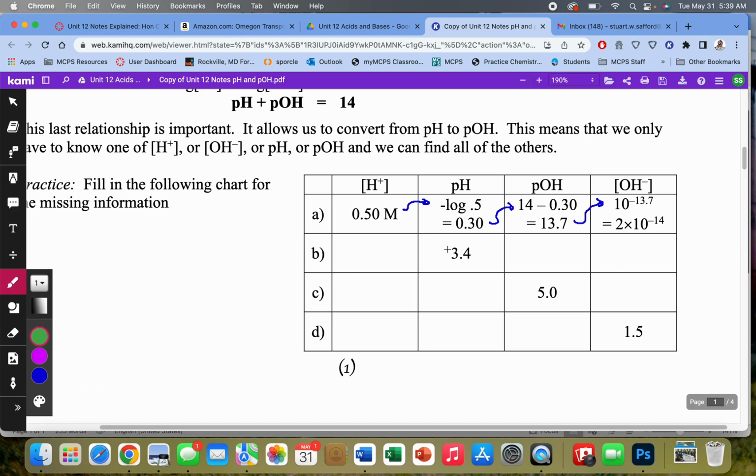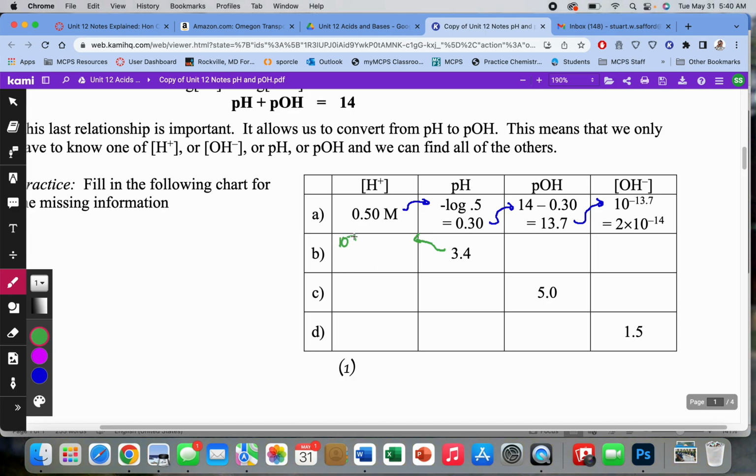Okay. Now we can go in other directions as well. If I started with this, I can go up here and say, well, 10 to the negative pH gives me the H plus concentration, and so that would be 10 to the negative 3.4. Now, the one thing that will make your life better: if you punch this into a calculator, you get a number, and you might be uncertain of it.